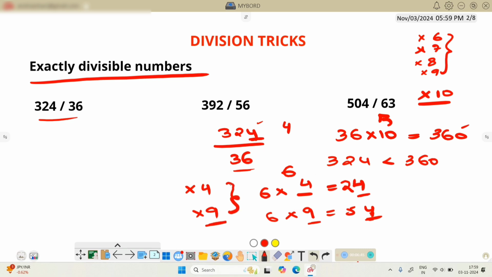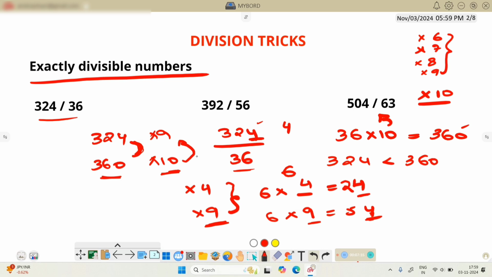Then how will you decide between into 4 or into 9? See here, if you compare 324 and 360, these are nearer numbers, no? 324 and 360 are very near, so your answer will be nearer to the multiple of 10. See how you got 360: if you multiply with 10 you get 360, so your answer should be nearer to 10. What is the number nearer to 10? 9 is there.